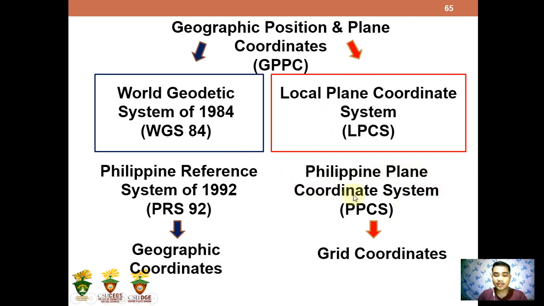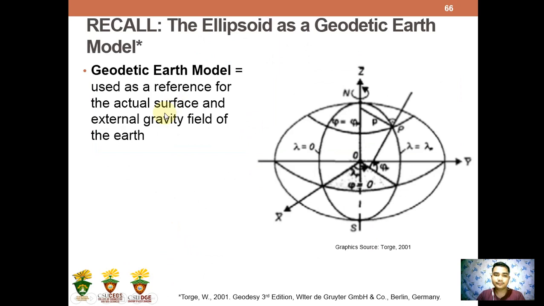So this is local coordinate system established in the Philippines, and ang iyang output is grid coordinates kanang ato ang makita no nga northings, eastings no naka meters ang iyang coordinates, while diriya sa geographic coordinates is naka latitude and longitude.